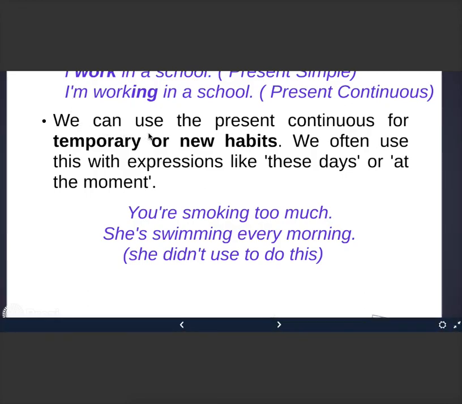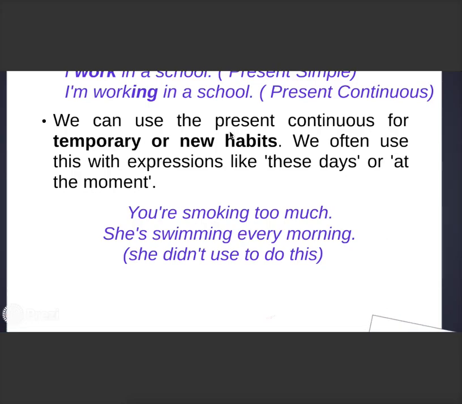Here, in continuous, you are going to use it to talk about temporary or new habits, algo temporal o algo nuevo. Por eso utilizas estos días, en este momento, ¿sí? Temporal o nuevo. Si es nuevo es porque es tan reciente que no has tenido tiempo de convertirlo en un hábito permanente.